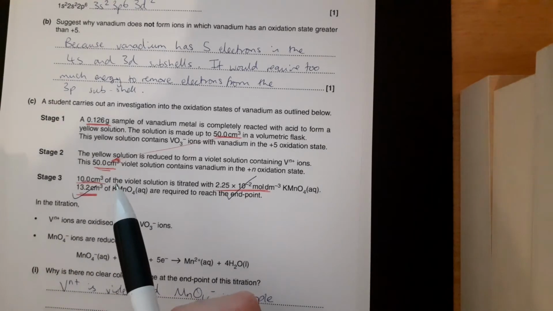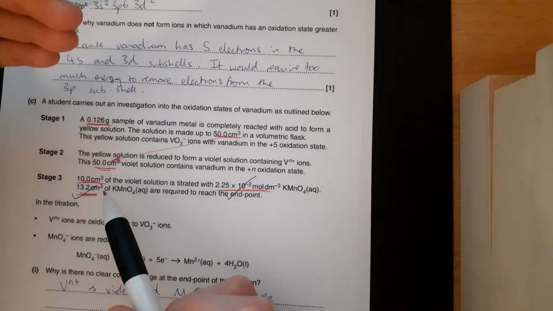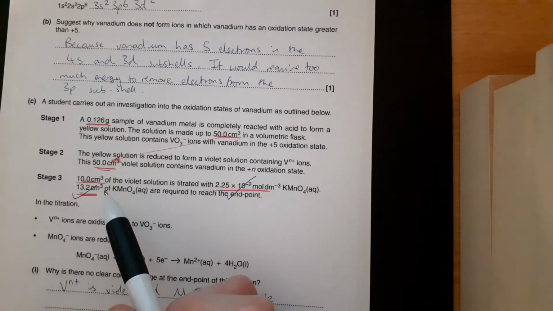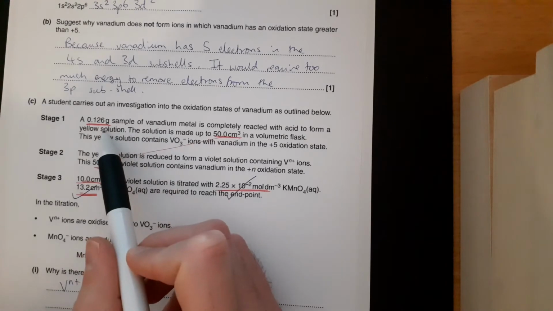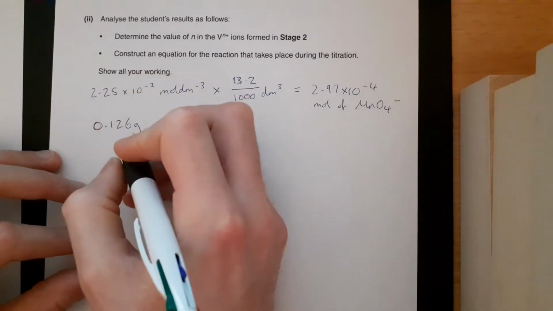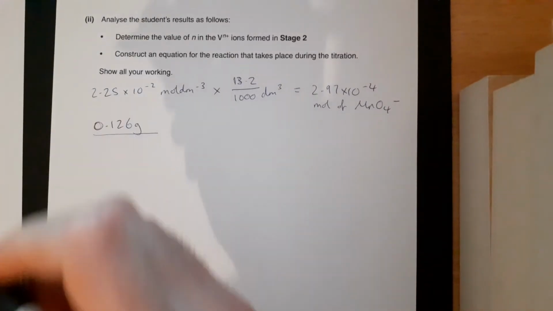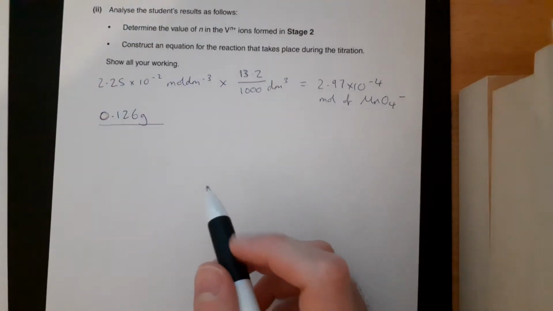So the only thing we can do, if we're trying to work out what the equation is, rather than work out the moles and then use the ratio to get back to the moles of the other thing, is this: if we know the moles of the two chemicals, we can then work out the ratio. So we're going to use the mass of vanadium to work out how many moles of vanadium we had. 0.126 grams divided by the atomic mass of vanadium, which is 50.9.